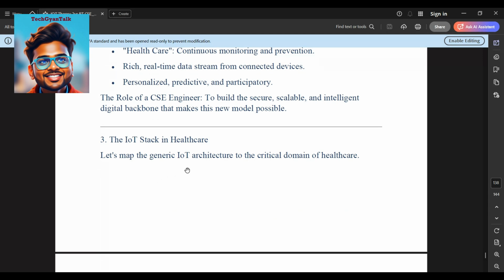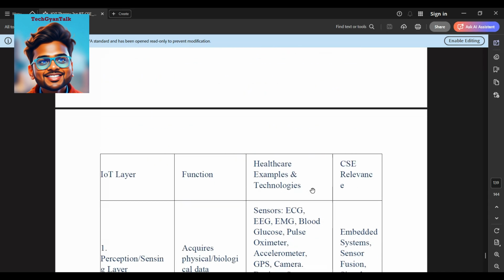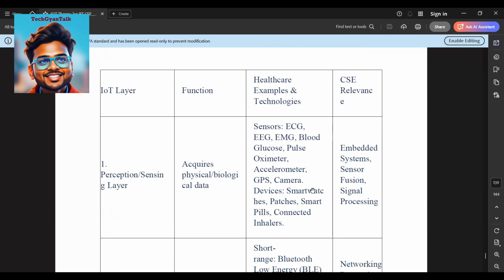Let's map the generic IoT architecture to the critical domain of healthcare. First, the IoT layer, the perception or sensing layer. Its function is to acquire physical or biological data.